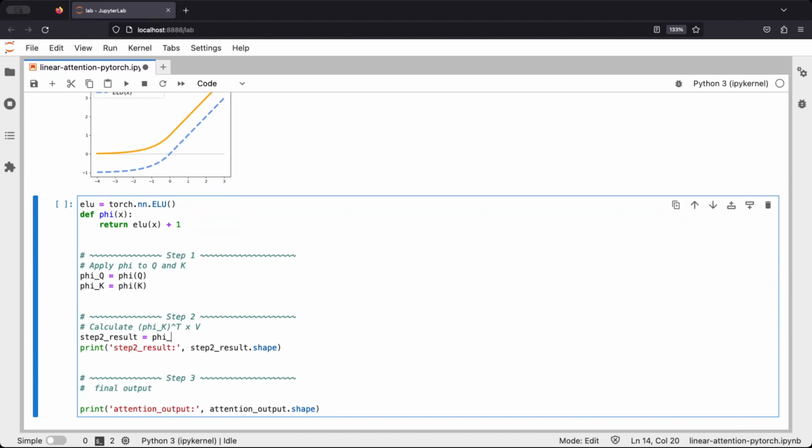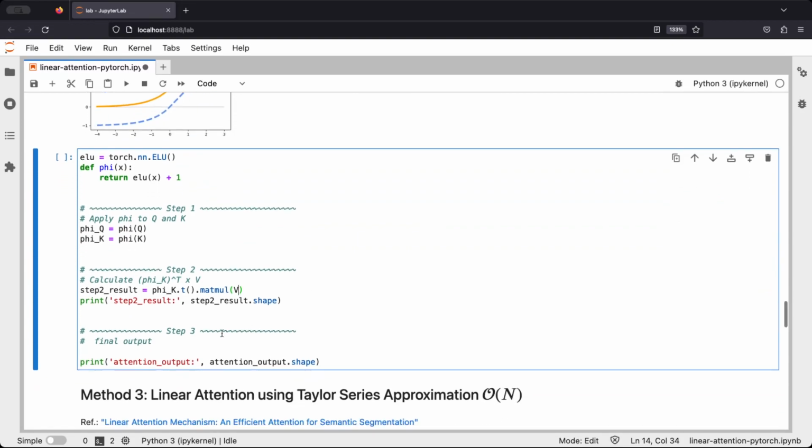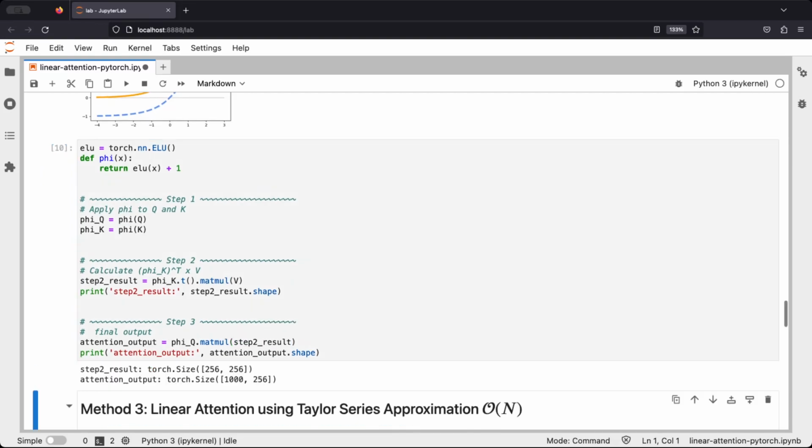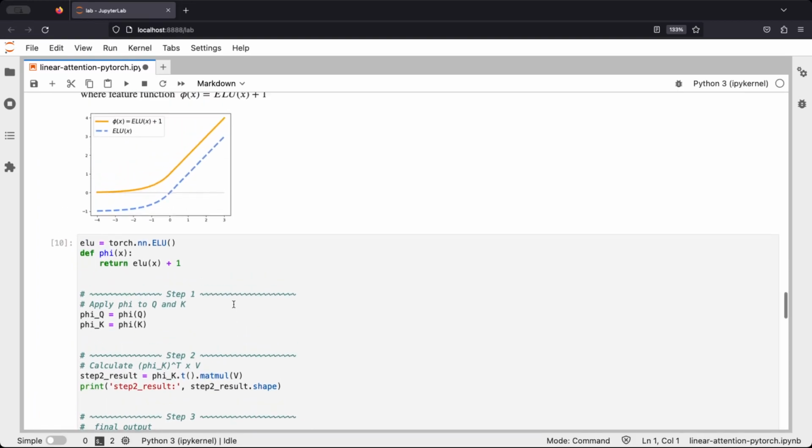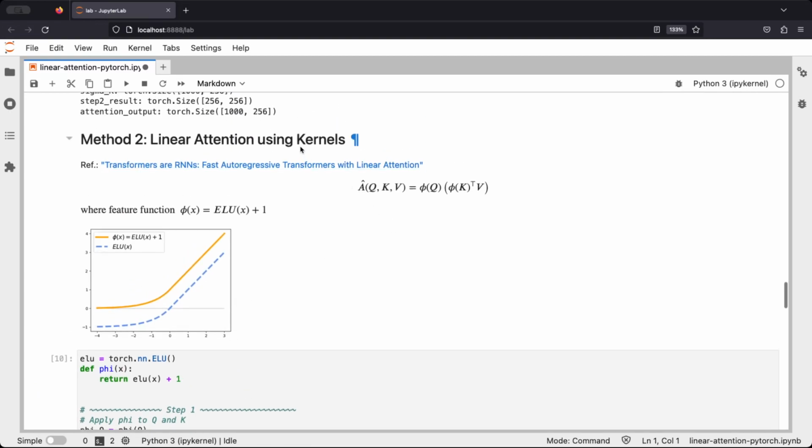So we say phi underscore k dot t for transpose, and then .matmul with v. And the final output is phi of q dot matmul with step 2 result. Right. So this was very similar, except that instead of using the sigma in method 1, they used this feature function phi.